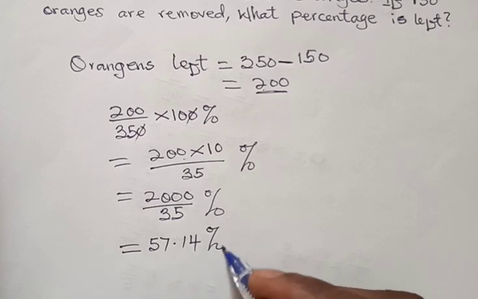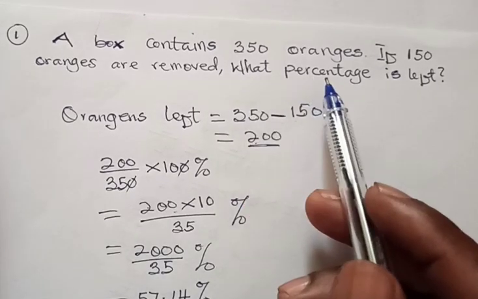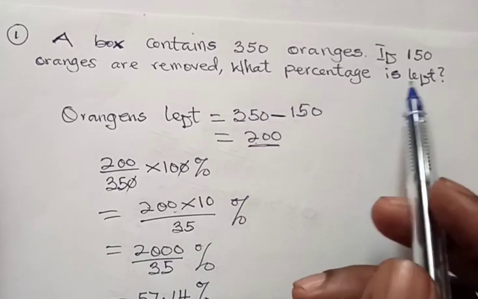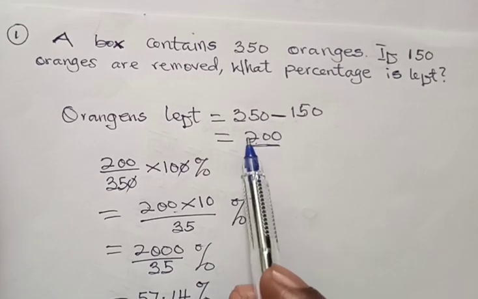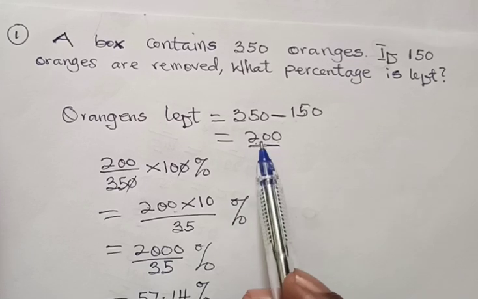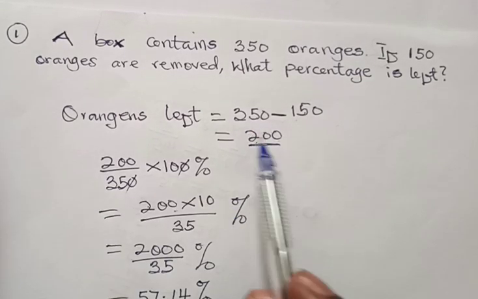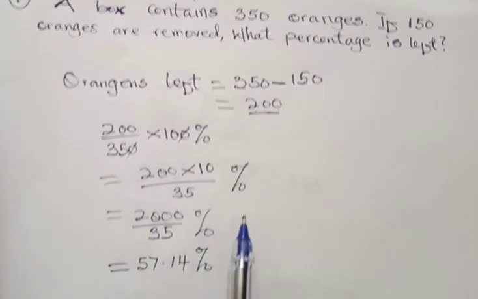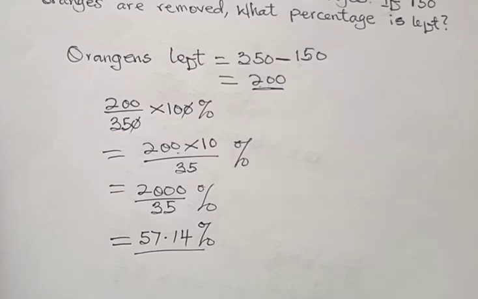Then I'll add my percentage, because the question demands what percent or what percentage is left. This is what is left. So we are finding what percentage makes this remaining amount, this remaining number of oranges. Have you gotten that? Great. So this gives me my answer.